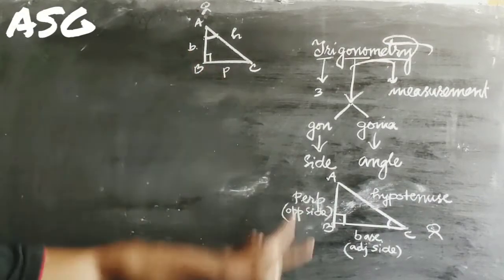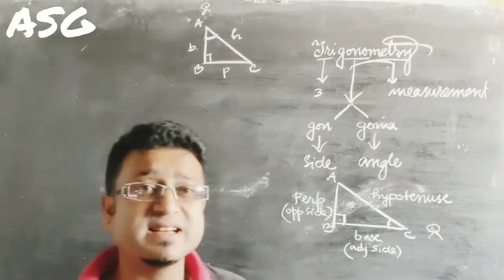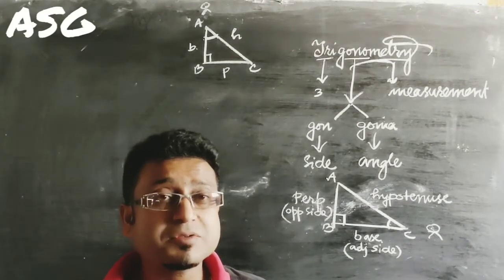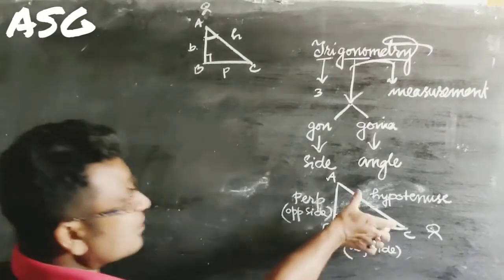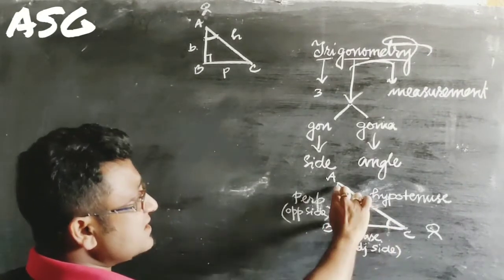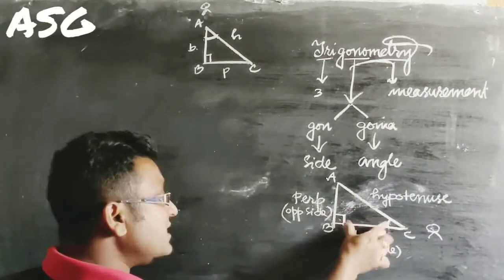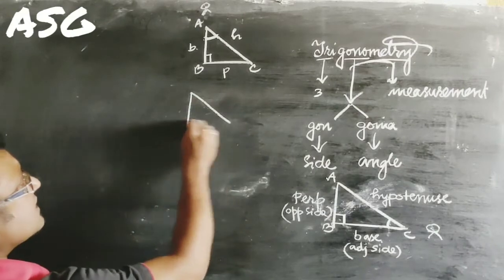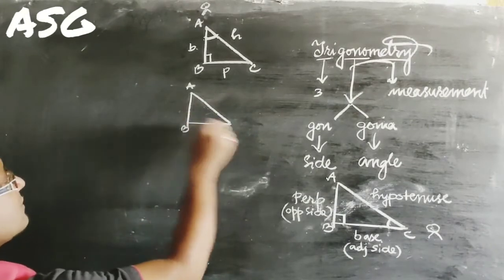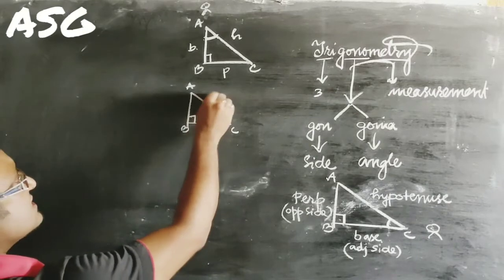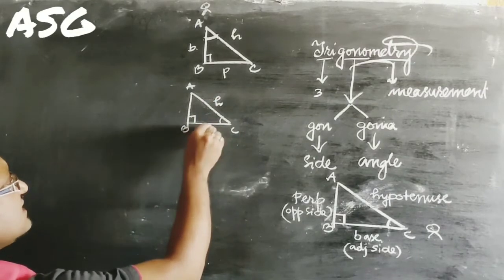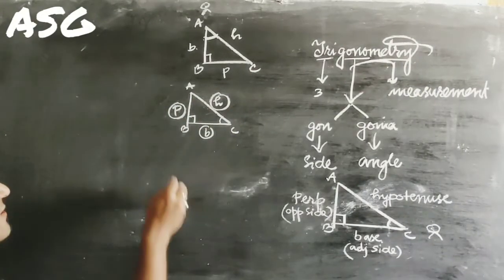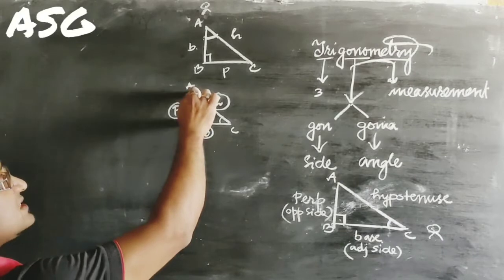Now, with this knowledge, we can start the basics of this chapter, that is the trigonometric ratios. We know in a triangle there are three sides, and just because three sides are there, we can take the ratio of this side by this side, or this one by this one. So let me draw a triangle, suppose ABC. This is 90 degrees, this is the hypotenuse, this one let me consider the base, and this one is the perpendicular.